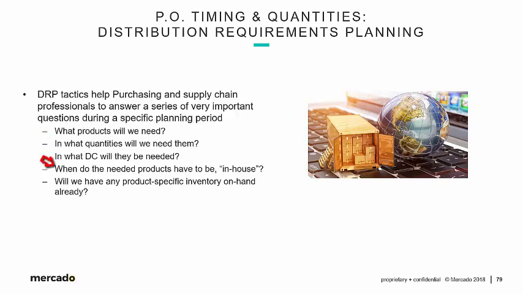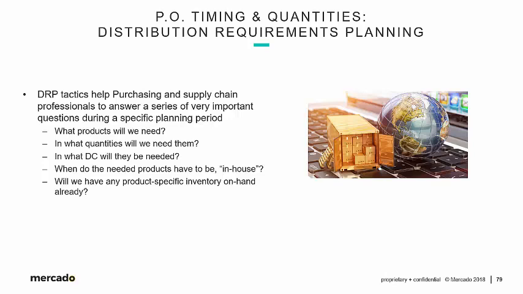When do the needed products need to be in-house? Meaning in a specific DC to meet customer demand. And in the spirit of going from a gross requirement to a net requirement, will we have any product-specific inventory on hand already? That's the difference between a gross requirement and a net requirement.